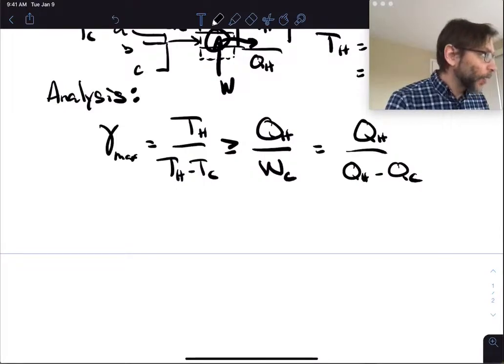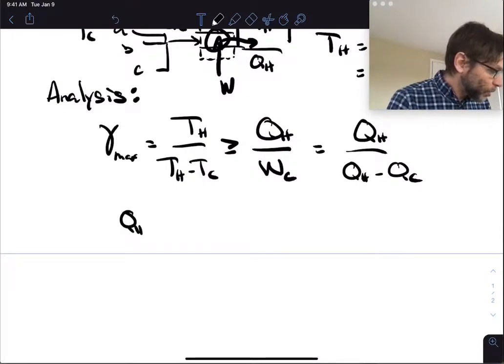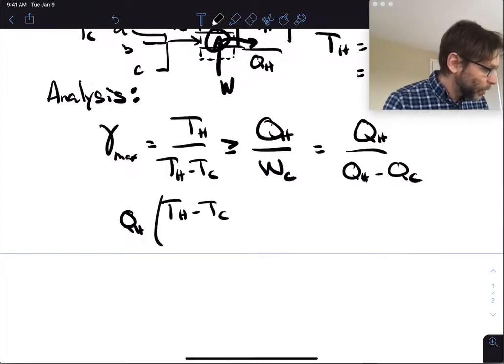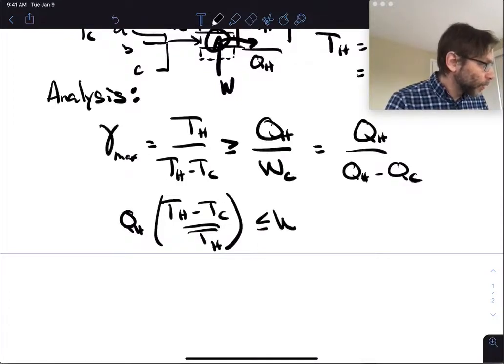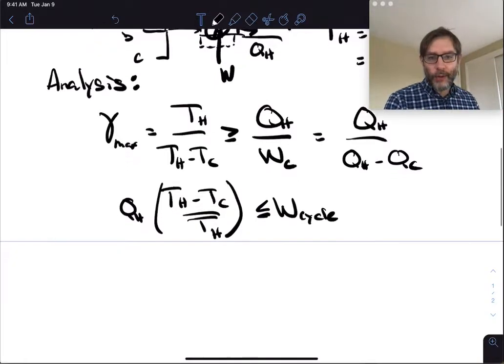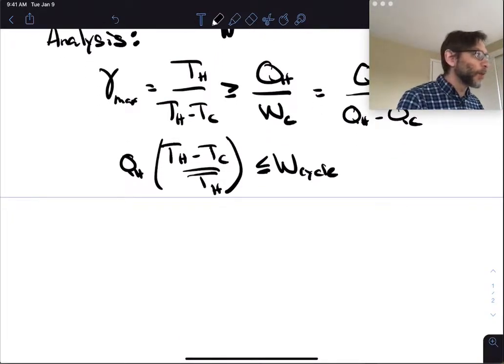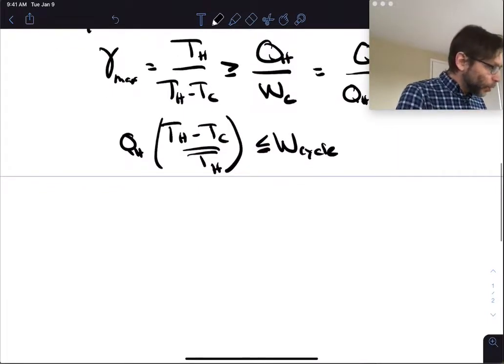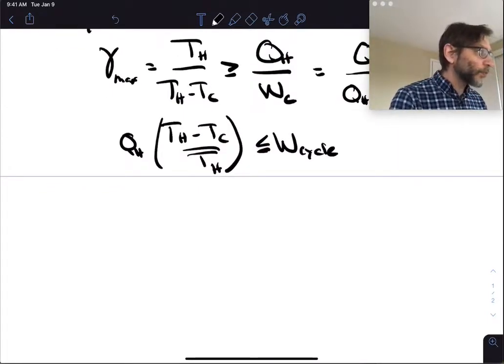So then in the end, what we're going to get is that QH times TH minus TC over TH is greater than or equal to the work of the cycle. And we're going to calculate the equality, right? Because we're trying to figure out what the minimum work is. So the minimum work is the equality. So if TH is 20 degrees C, we just plug in the numbers here.